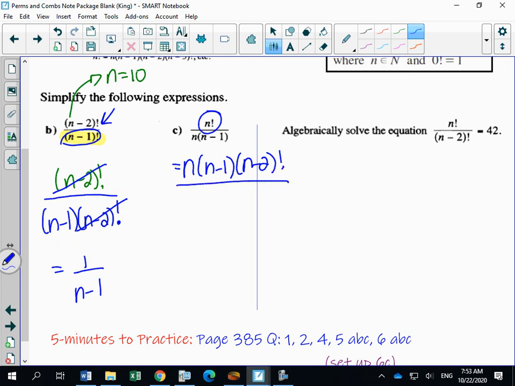On the bottom, I have n and n minus 1. Now you're going to see that this will cancel and this will cancel. The reason I kept one more is because they want me to simplify this expression. So n and n cancel, n minus 1 and n minus 1 cancel, and I'm left with n minus 2 factorial.